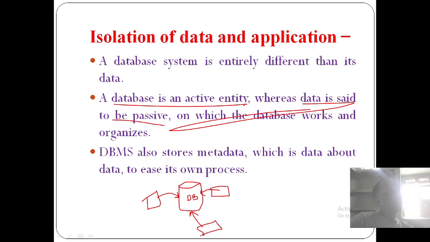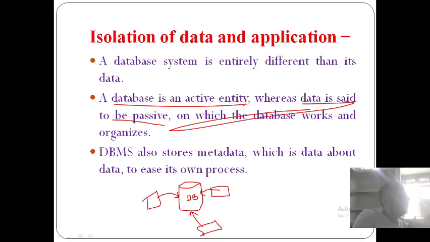Why is the database active and why is data passive? The database will give you different schemas, different views, whichever you want. It will help you check whether the particular data you are searching for is there or not, and it will help you reach the conclusion.